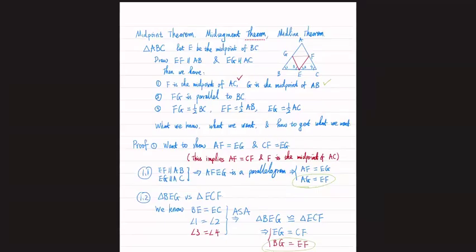Okay, now we want to check that FG is parallel to BC.